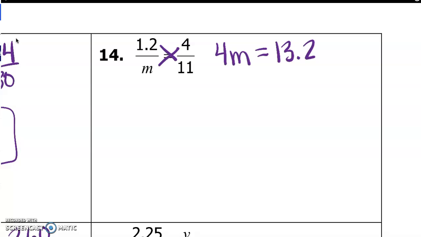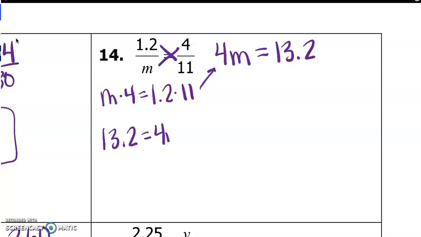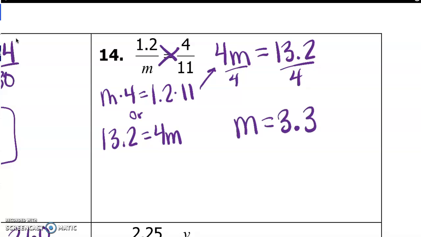If you want to show everything, m times 4 equals 1.2 times 11 first, then get to that point, that's fine. If you went the other way and did 13.2 equals 4m, that is fine too. All right, so there's all different ways you can do this. As long as you multiply the two that are diagonal, equals, and then the other two, that's totally fine. Now we just need to divide by 4 to get our final answer. And we get m equals 3.3. So it is okay to get a decimal for an answer.